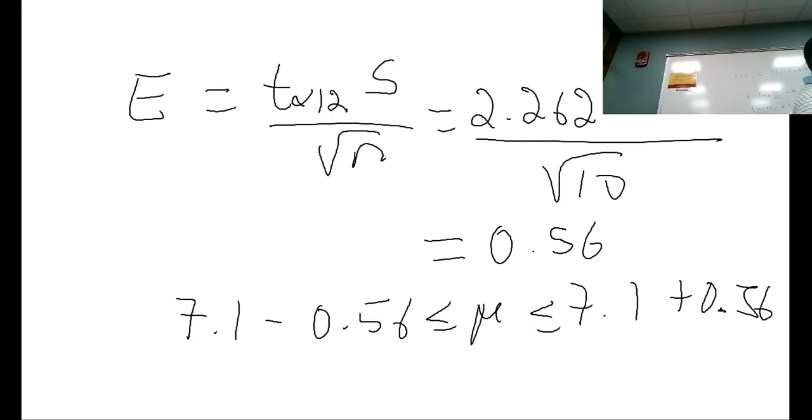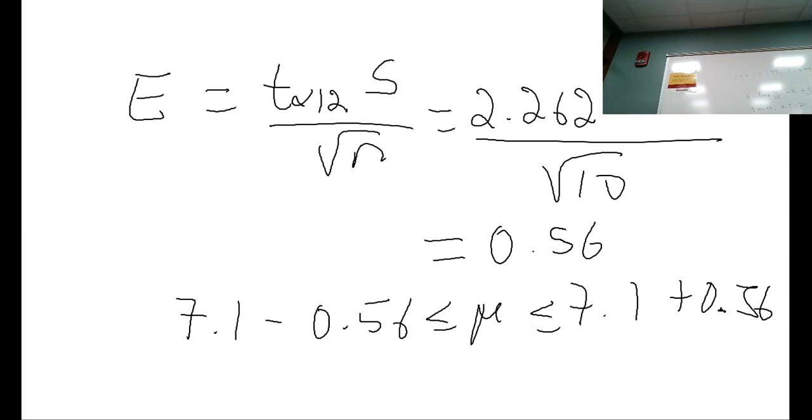So what is T alpha over 2? Look at the table. 3.707. Now you can use Excel to find the mean and the standard deviation.